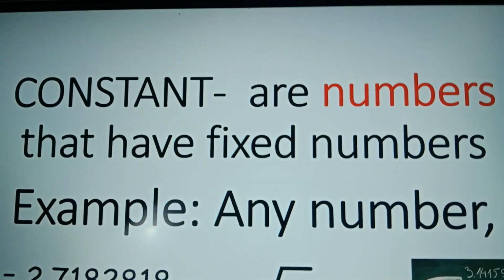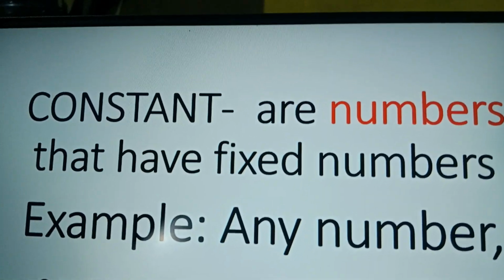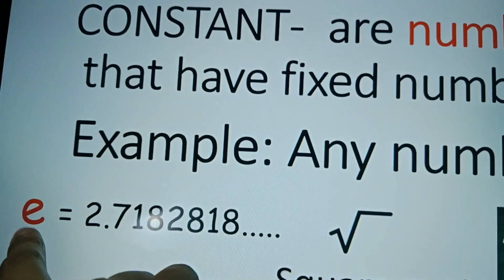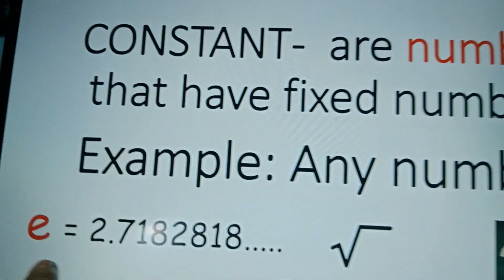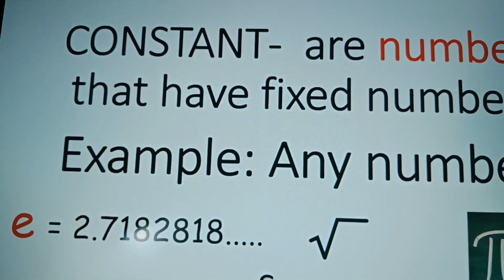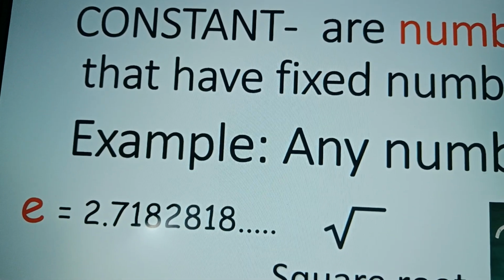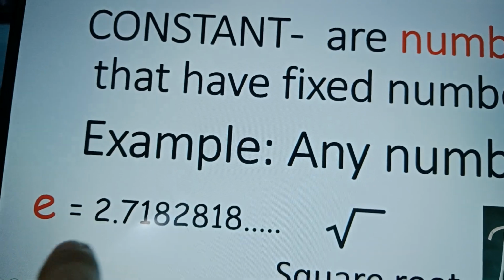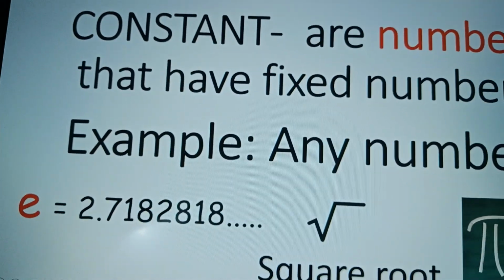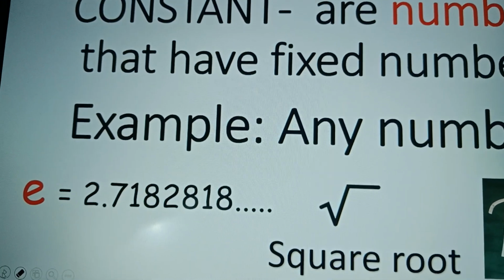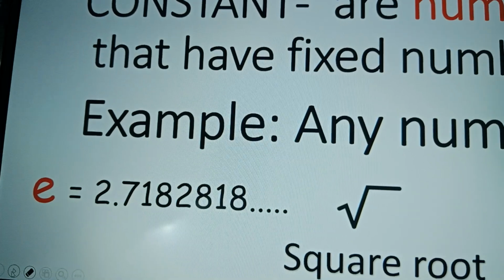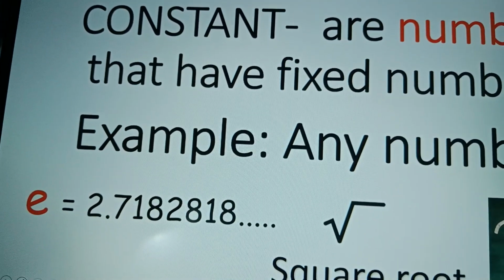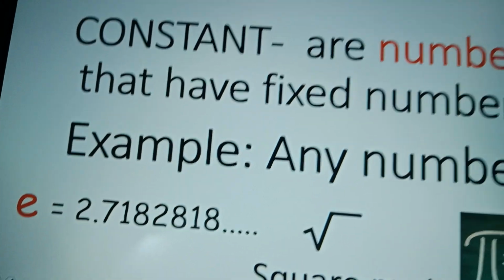Another example of a constant that looks like a variable is this one, e. This e is not written as the normal alphabet, small capital letter A. It's slanted a bit, and this is the logarithm base. It has a value of 2.71828, continuing on.